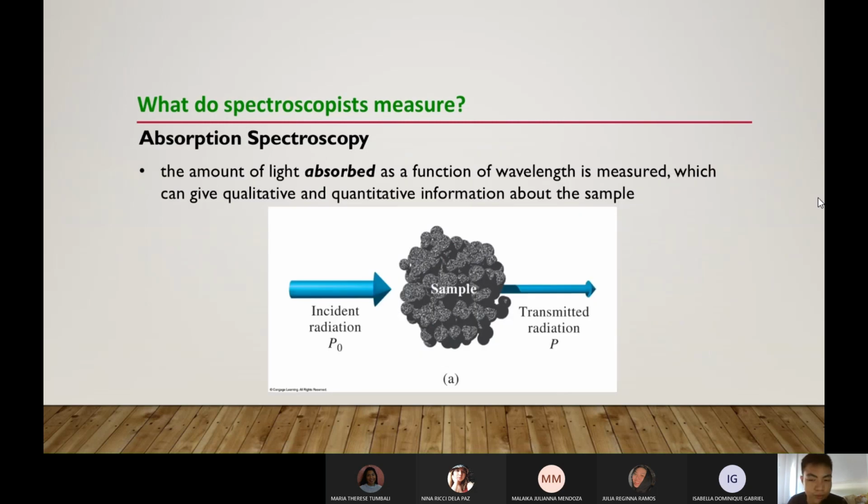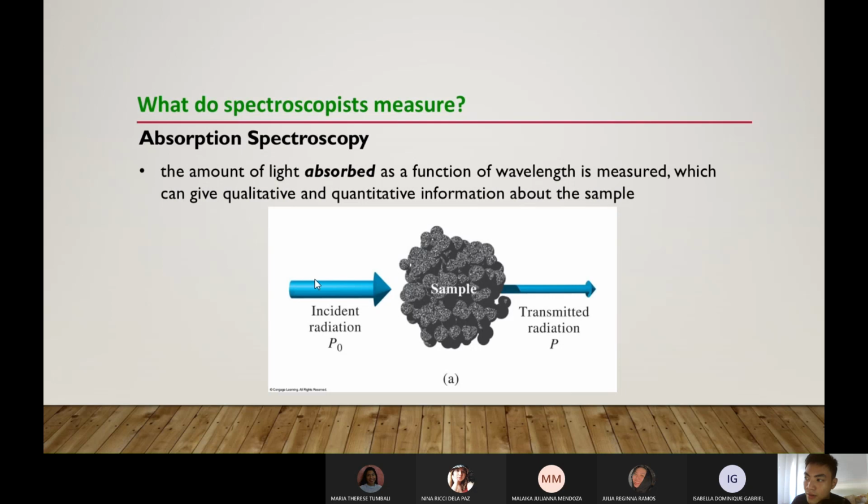Next one is absorption spectroscopy. What happens in absorption spectroscopy is this. You have your matter, and it will absorb some of the energy. For example, you have this incident light or incident radiation.